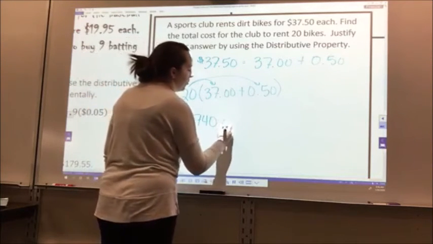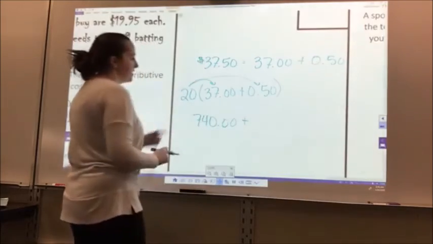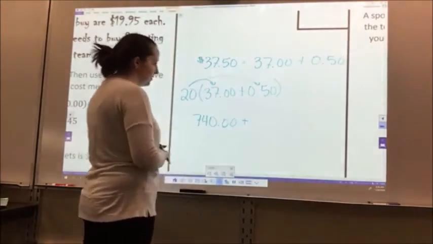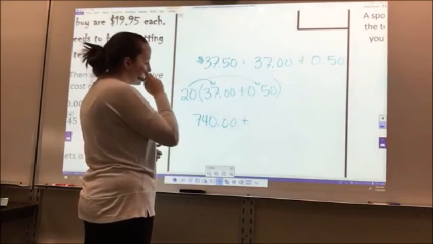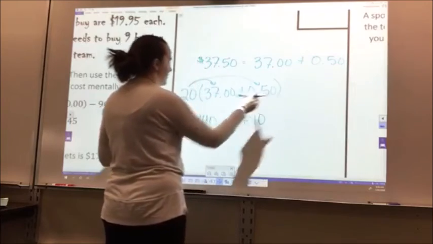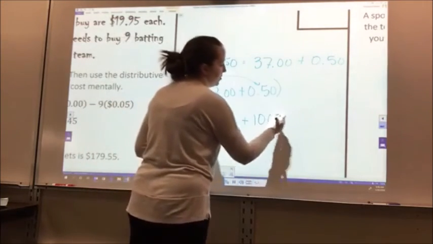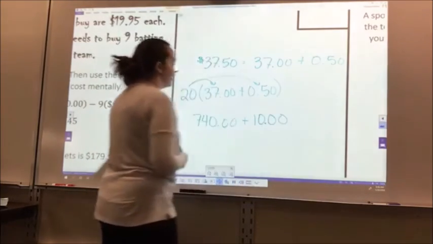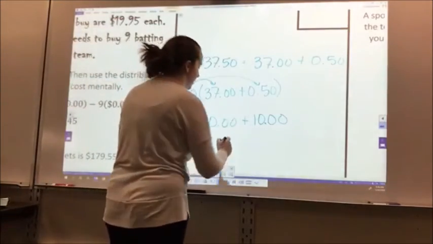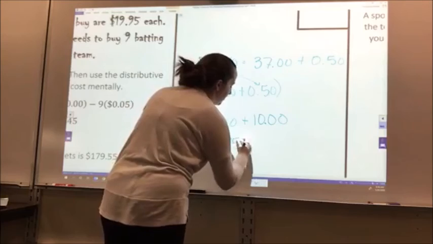So $740 plus, all right, 20 times 50 cents gives me 10, I have this 0 here and this 0 here, so I have 2 zeros, so it's $10. $740 plus $10 gives me $750.